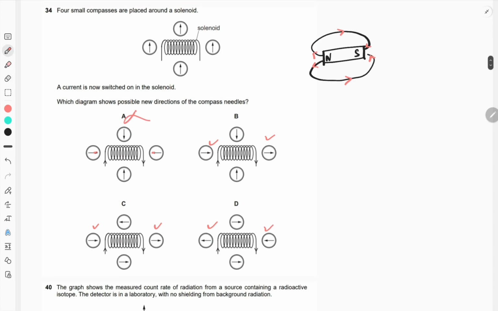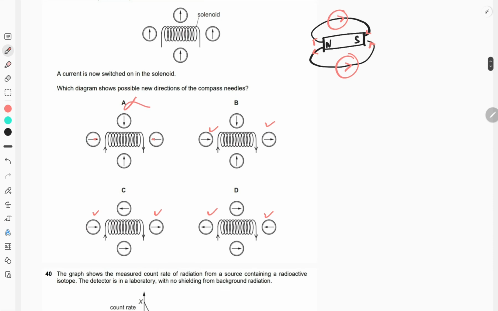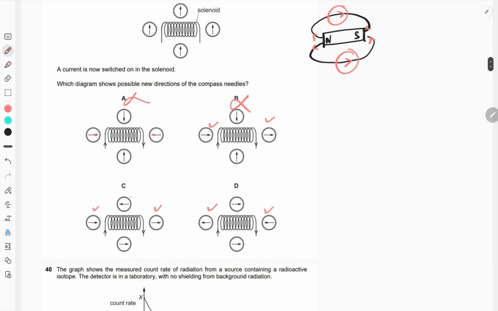Now bachas, look at the arrowhead over here at the central part. They both are pointing in the same direction, which means option B is out. Even my option C, look at how the compass needles are pointing. One is pointing here, which is telling you here is the North Pole. The other is pointing here, which is telling you here is the North Pole, which means option C is also eliminated.